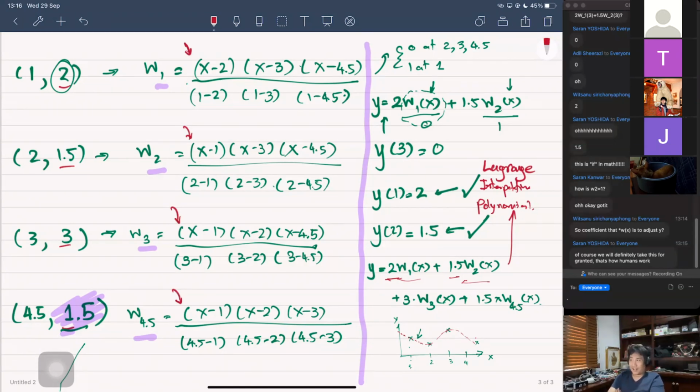As long as you get it to work, then you learn higher order functions, the function that spits out a function. Any question before we teach the computer how it works? Like how we construct the W's, how we put together all the W's and so on.